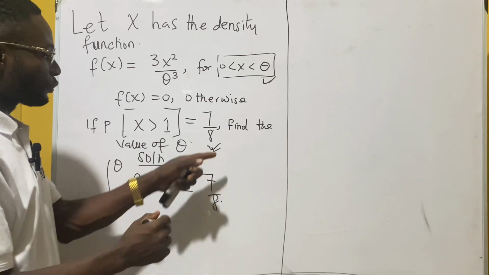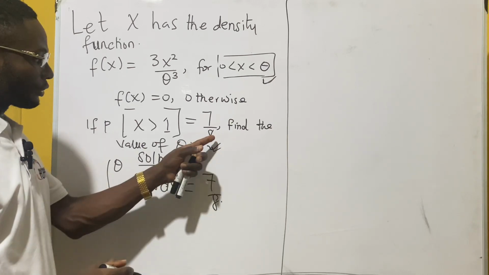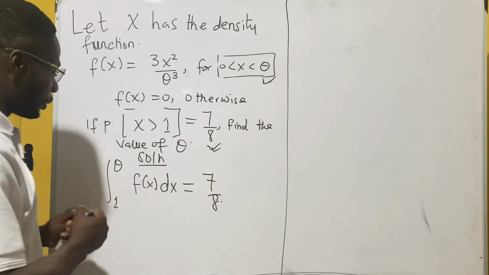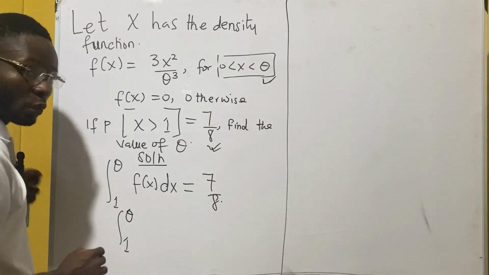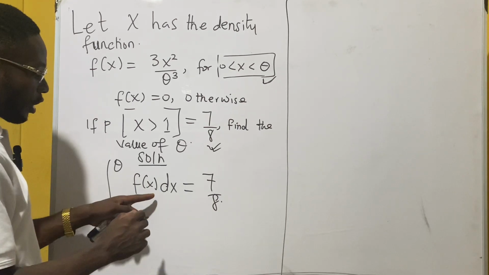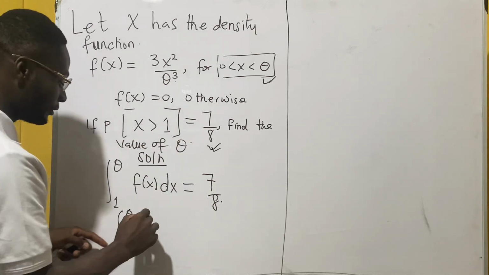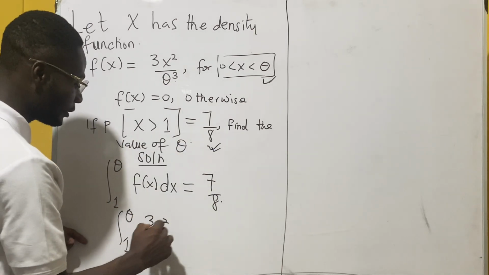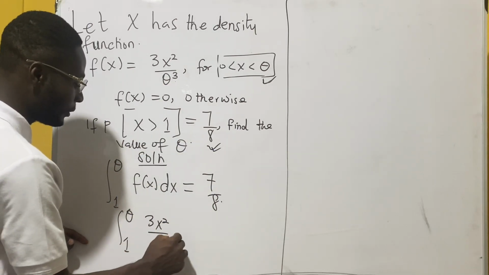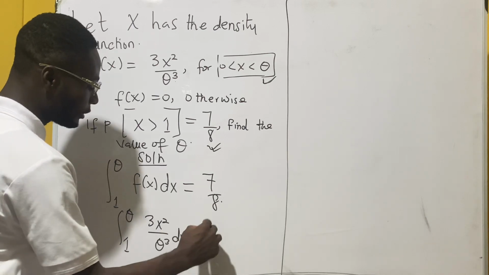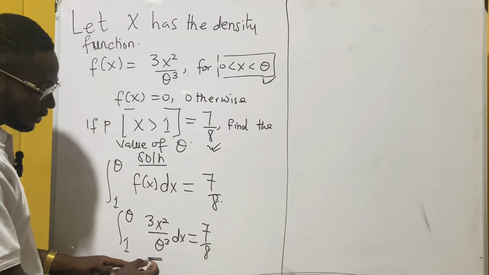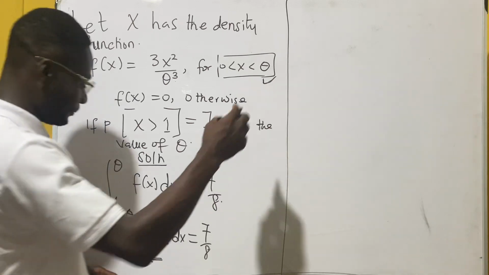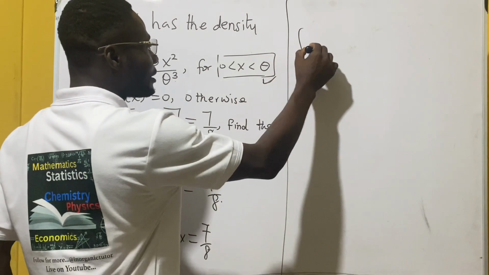So we have the integral from 1 to theta of 3x squared over theta cubed dx, and that is equal to 7 on 8.